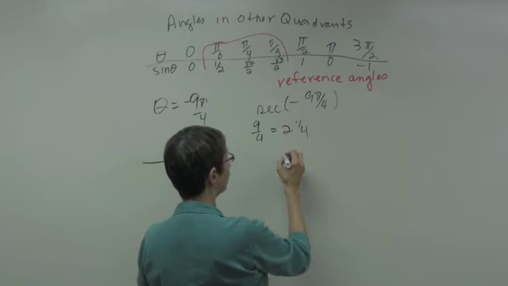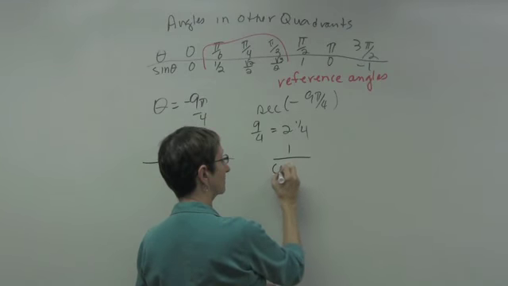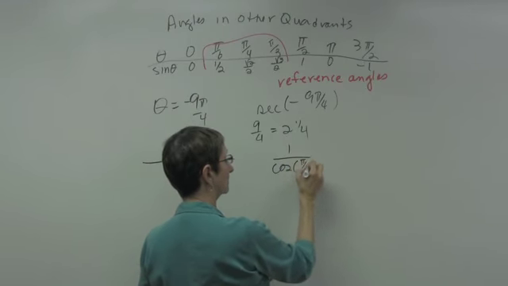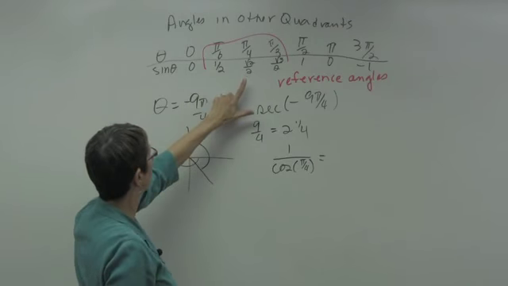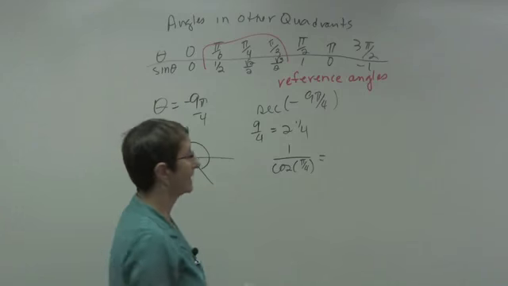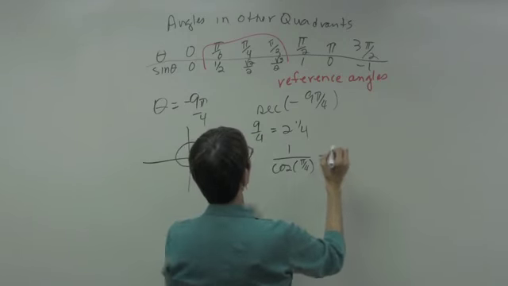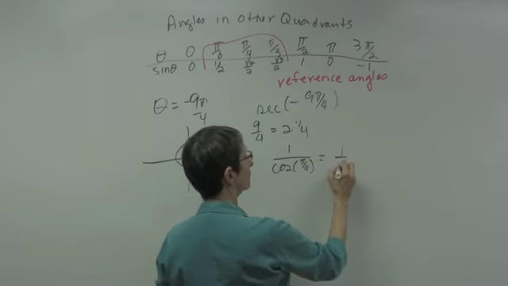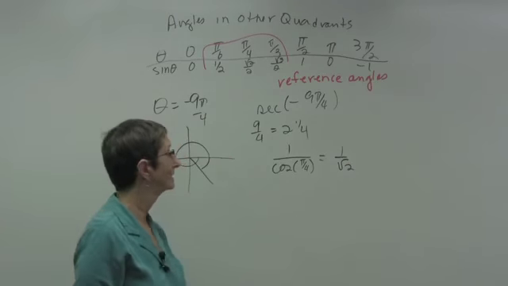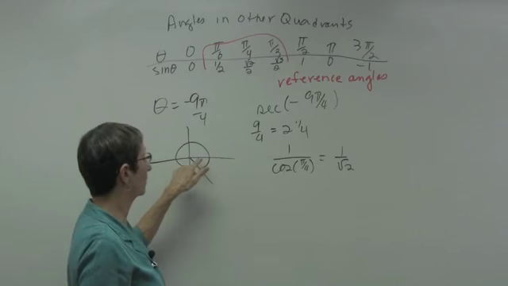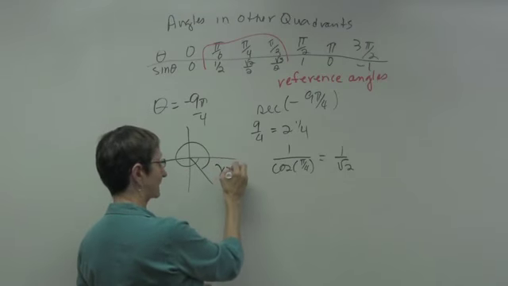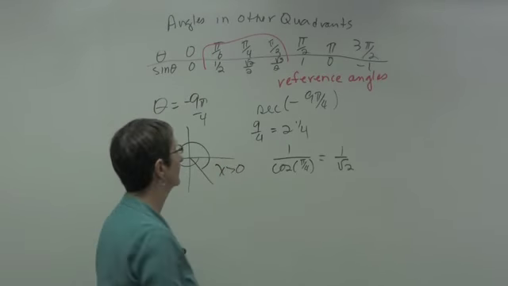Secant is 1 over cosine. So if I find the cosine of pi over 4, which is the same as the sine of pi over 4, I think this time I'm going to write it as 1 over square root of 2. And it is positive, according to the x is positive in the fourth quadrant.